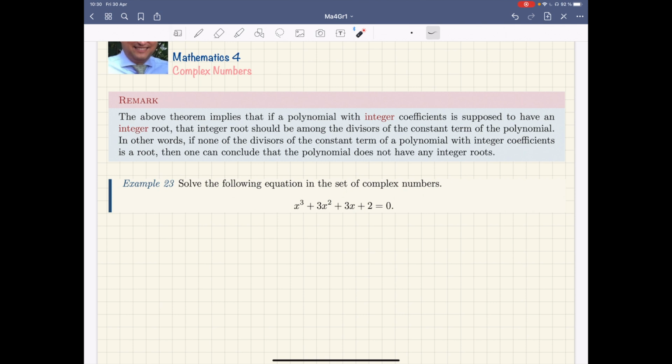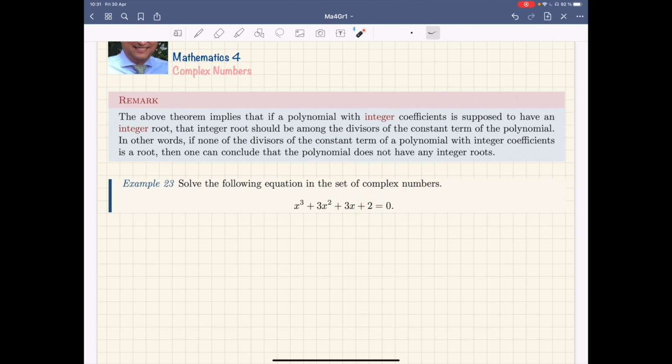Usually, if this happens in the course questions in the book or exam or whatever, it means that there might be an integer root, so you can test your chances of how lucky you are. But you need to know where to look for. If I am saying that if this polynomial is supposed to have an integer root, that root should be among the divisors of the constant term.